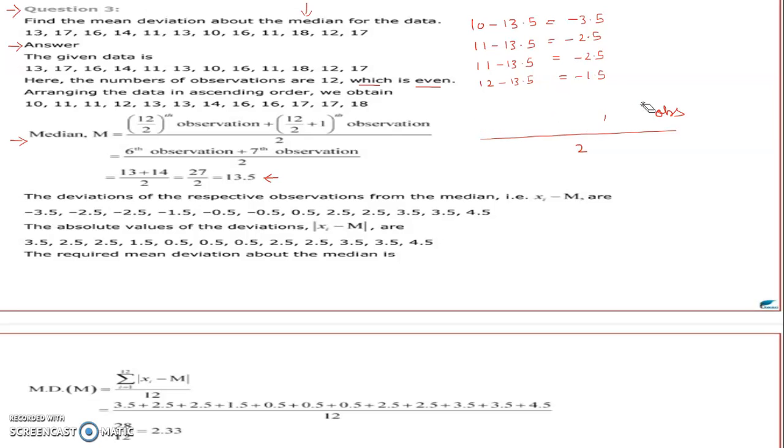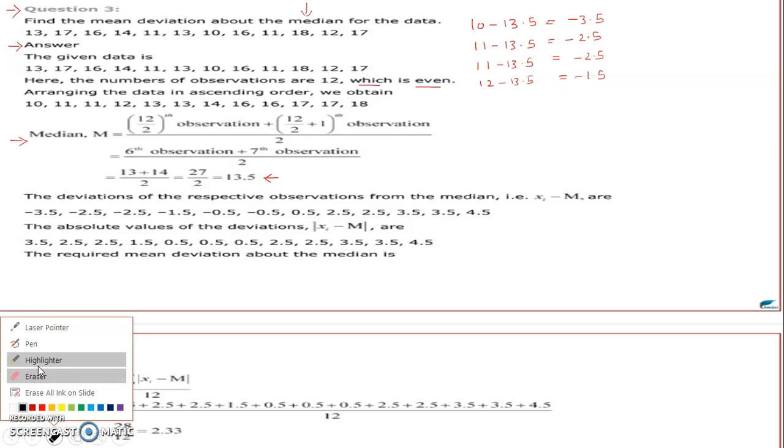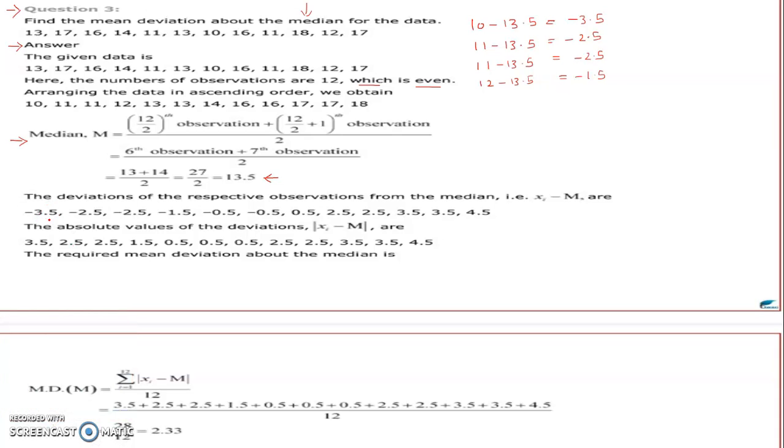Let me rub this, there will be space then. That is what I have done here, students. I have subtracted and got minus 3.5, minus 3.5, minus 2.5, minus 2.5, minus 1.5. How are you getting this? Subtracting: 13 minus 13.5, then again 13 minus 13.5, then 14 minus 13.5, then 16 minus 13.5, and you will subtract again 16, 17, 17, 18.